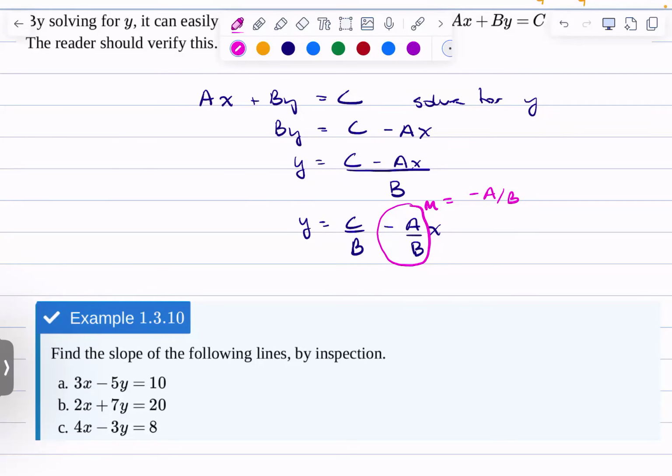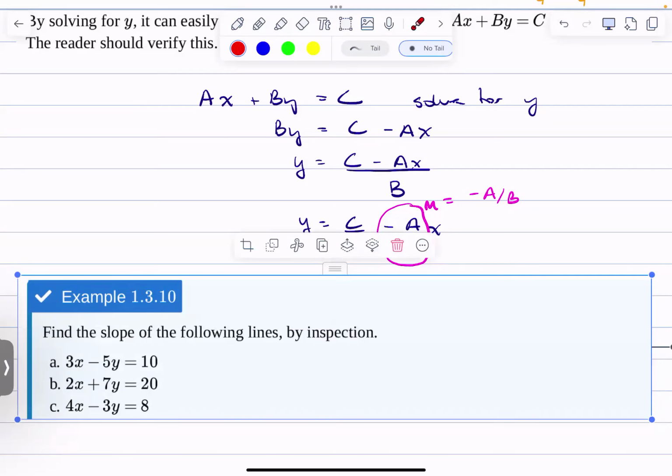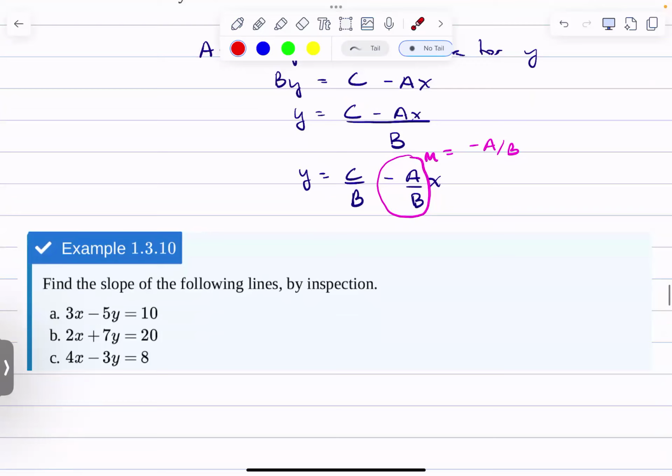So you could rearrange these, but I'm not going to bother. So that's kind of fun. If you're able to identify a and b, then as long as you remember to take the negative a over b, that's your slope.